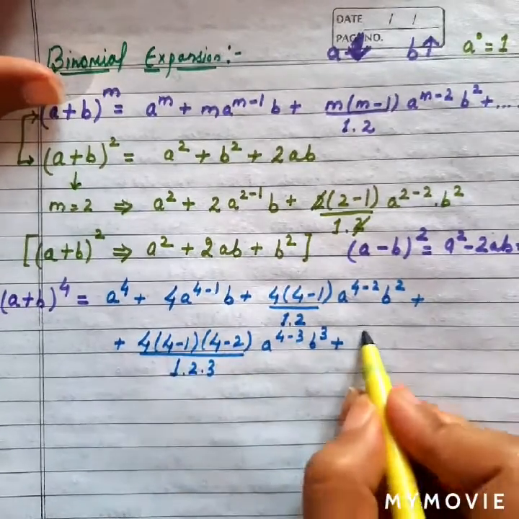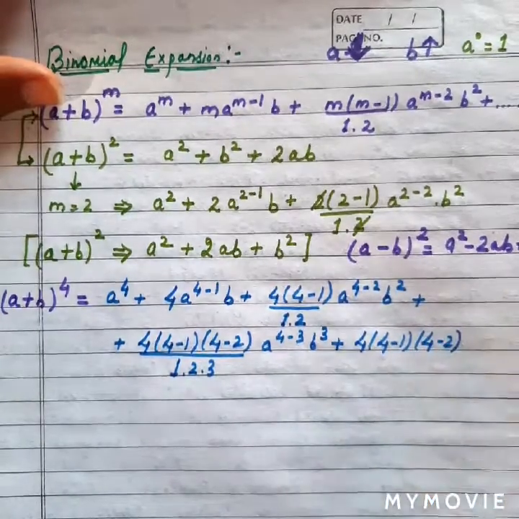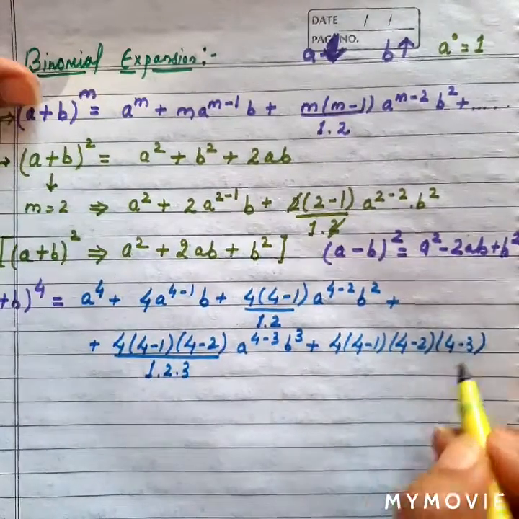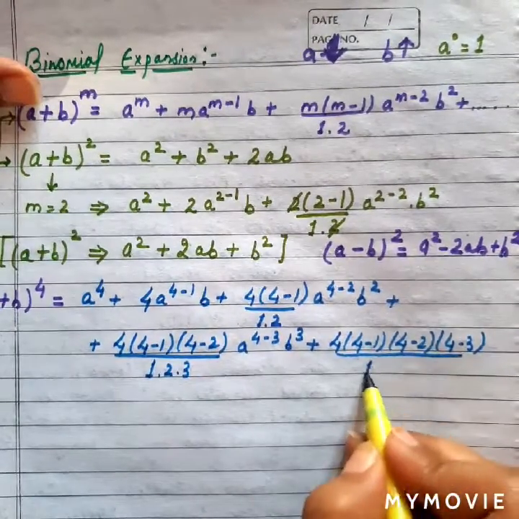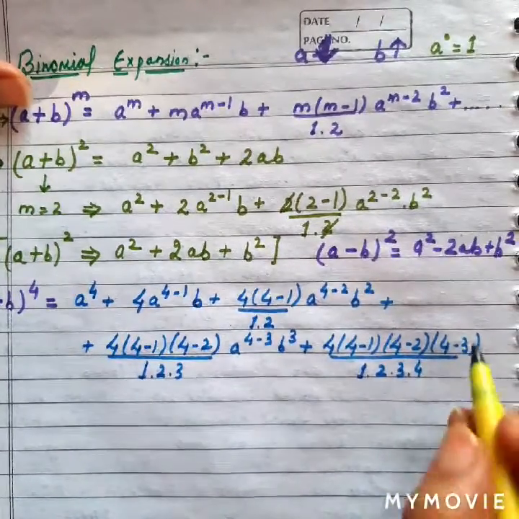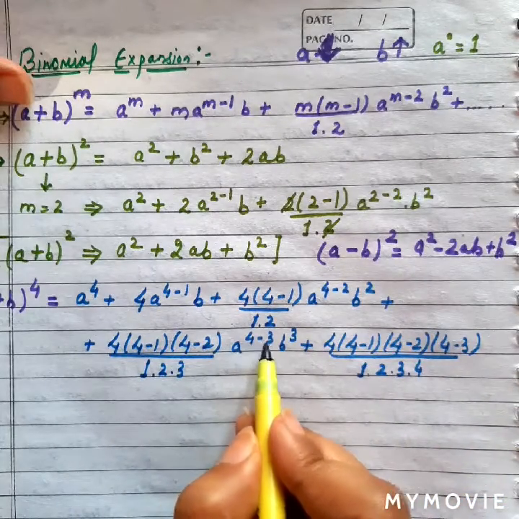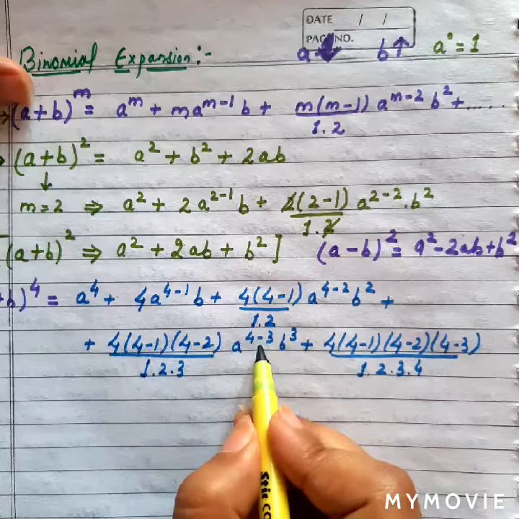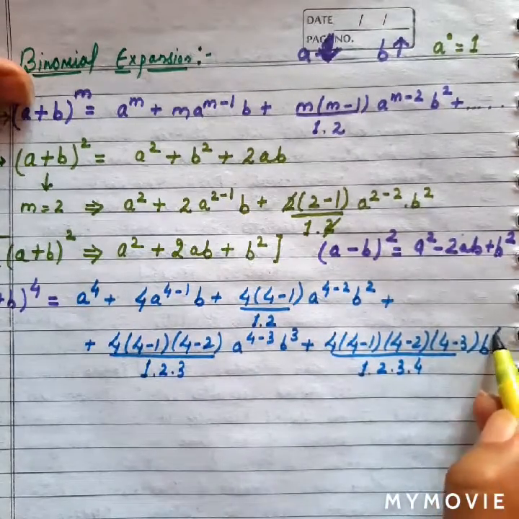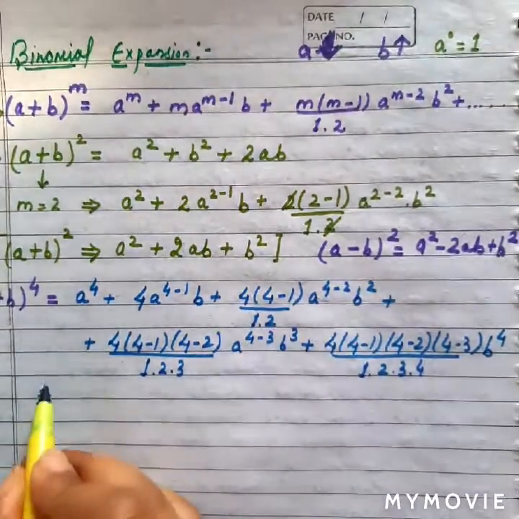Next term will be 4 into 4 minus 1 into 4 minus 2 into 4 minus 3 divided by 1 into 2 into 3 into 4, and a raised to power 4 minus 4, so a raised to power 0 will be equal to 1, and we would be left with b raised to power 4 only, right? Now we will simplify this.